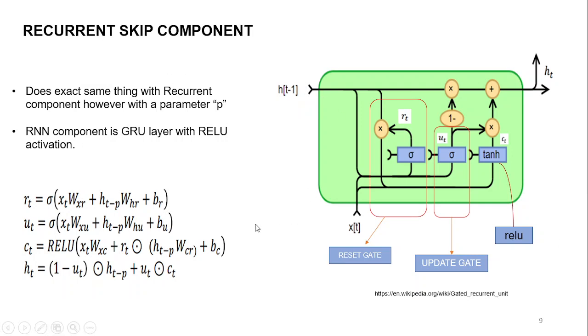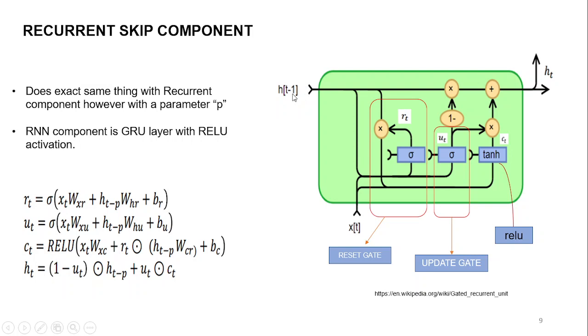And this is where the parameter p is introduced. So instead of picking exactly the previous hidden state, we have a hidden state of t minus p.